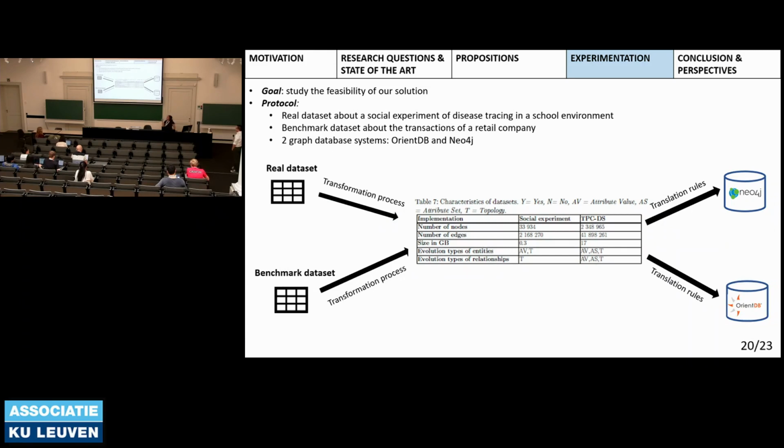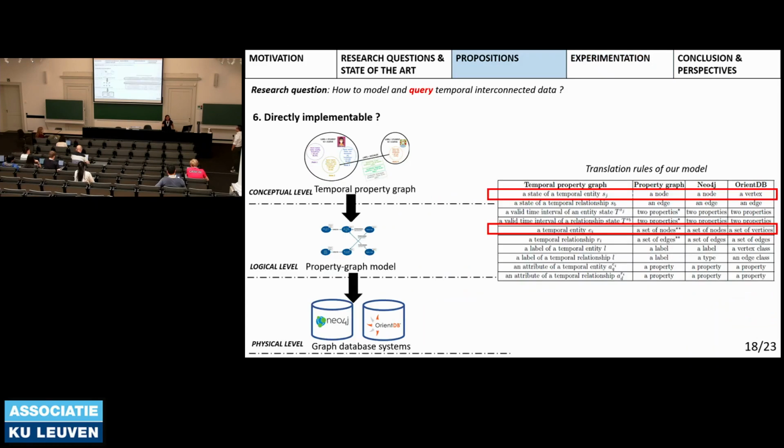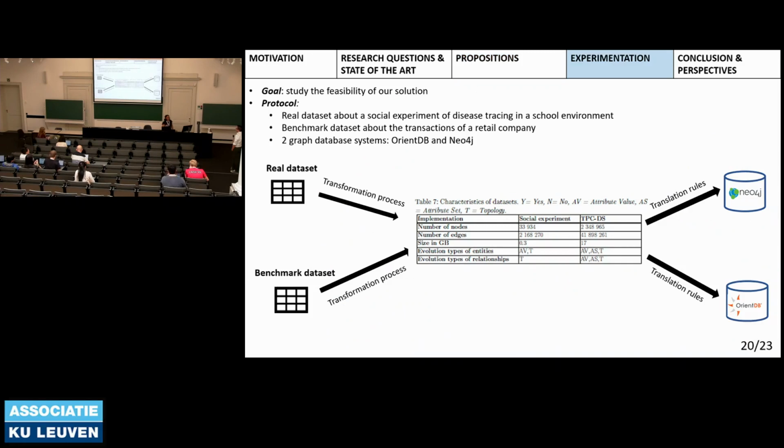Now we are testing alternative implementations of our model. So we want to check the translation of our temporal property graph into the RDF data model, for instance. So we will evaluate the performance in terms of query run times. And also we are working on the data exploration side of our model, to see if we can discover new insights with this structure of the graph.